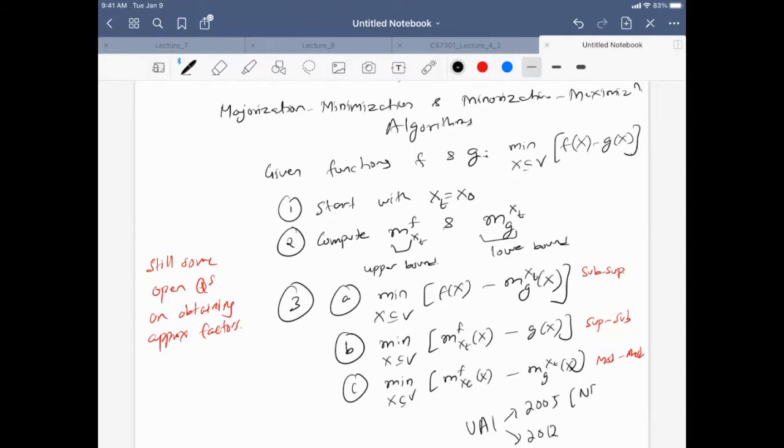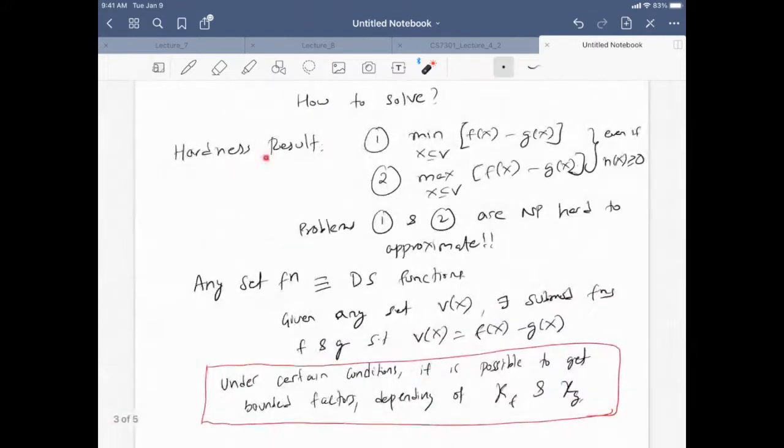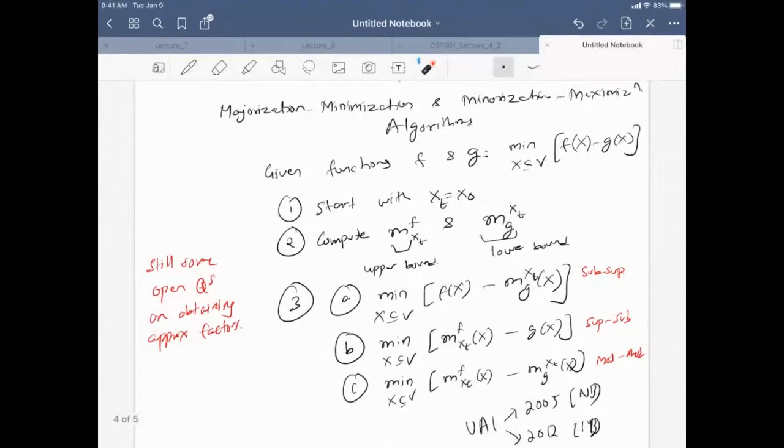This one is Narasimhan and Bilmes, and this one is Iyer and Bilmes. The 2005 paper looks at only this version. In 2012, we actually look at all three, and we also study the hardness, for example, over here. We also show this result, and we look at a few stopping criteria there.